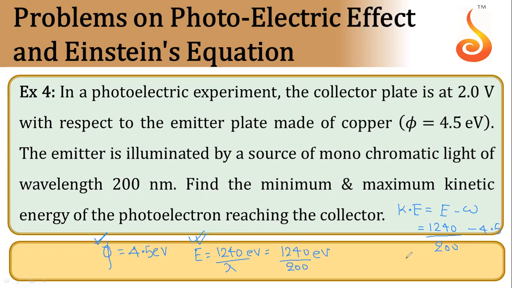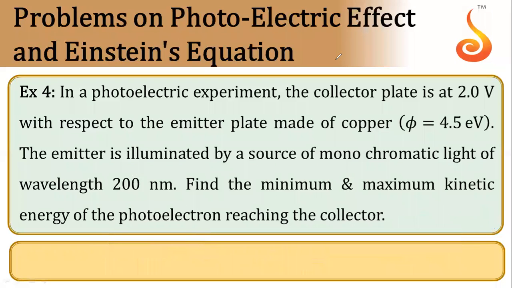So just solve this one and you will get that maximum kinetic energy is equal to 1.7 electron volt. And this is actually the maximum kinetic energy of photoelectron which just came out of the metallic surface. That is 1.7 electron volt.